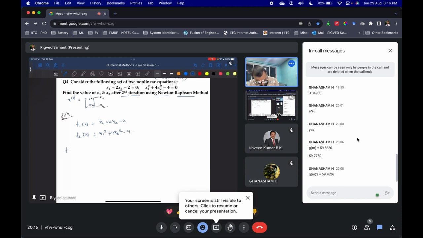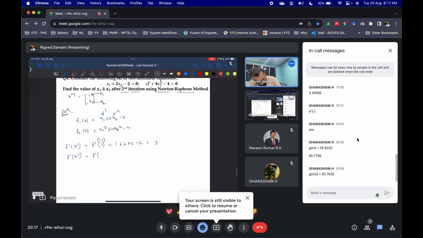Same here, f1 of x naught, that is f1 of 1, 2: 1 plus 2 into 2 minus 2, that is 3. Now f2 of x naught: 1 square plus 4 into 2 square minus 4.